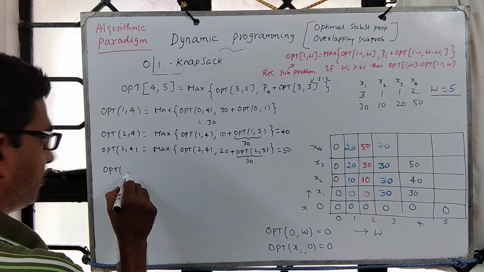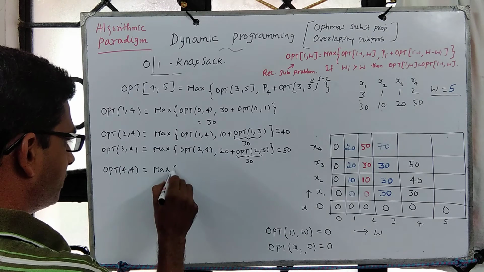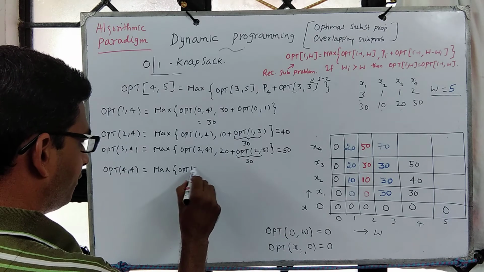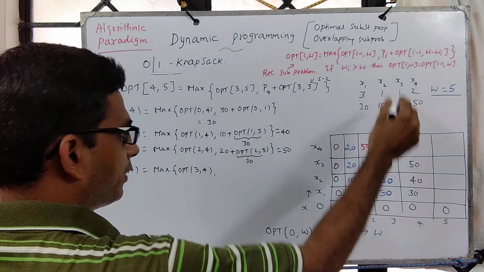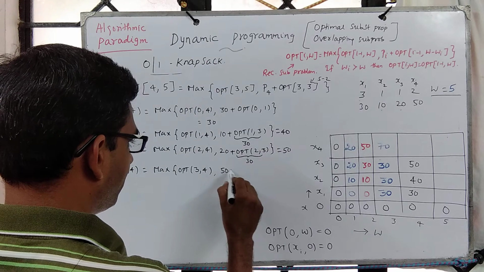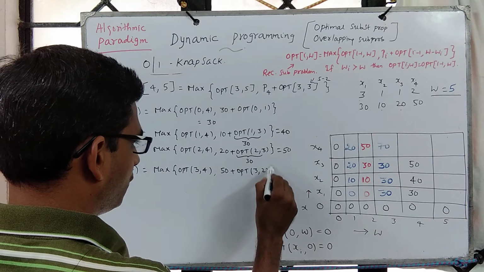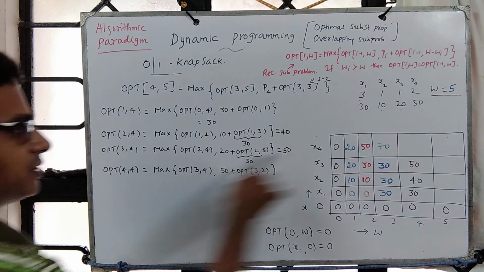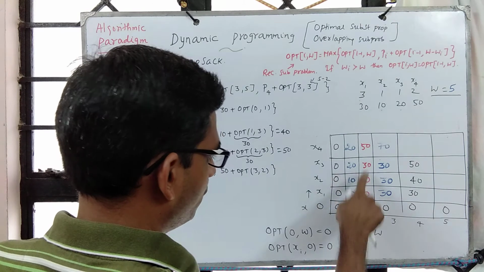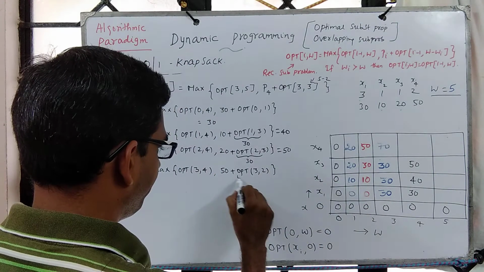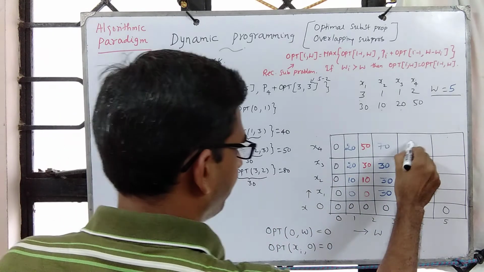Then we have opt of 4 comma 4, which is max of opt of 3 comma 4, which we just computed, or include 4th object, get a profit of 50, and work with 3 comma 2, because 4 minus 2, and opt of 3 comma 2 is 30, so which means this one is 80.